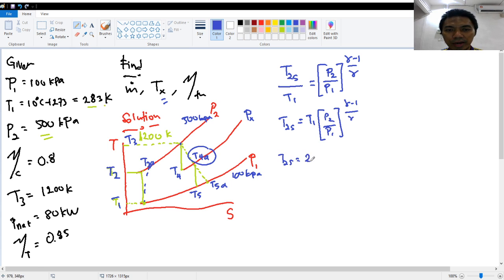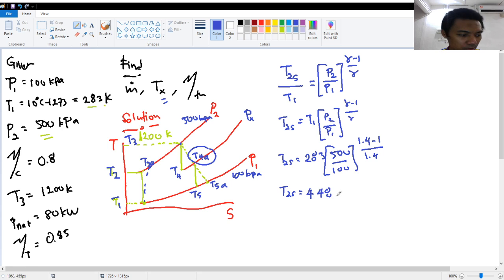T1 is 283, right? It is raining outside. Hope you can hear me. And this is 500 divided by 100, and your lambda is 1.4, so 1.4 minus 1 divided by 1.4. Then your T2S is 448.21 Kelvin. This is your T2S. Okay, T2S.